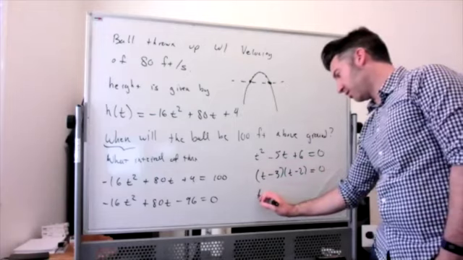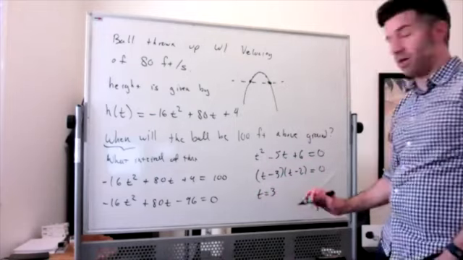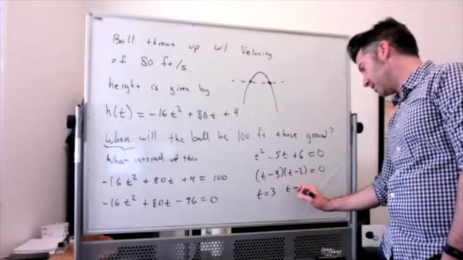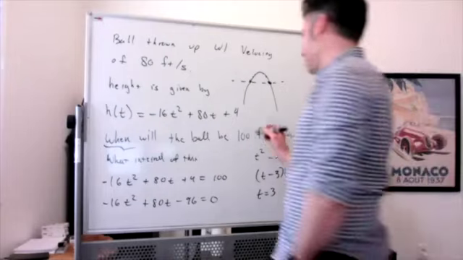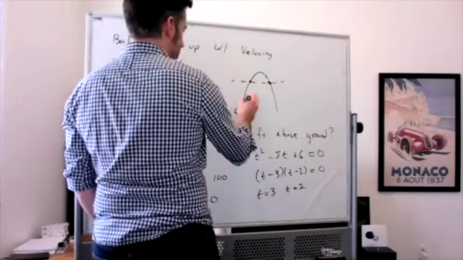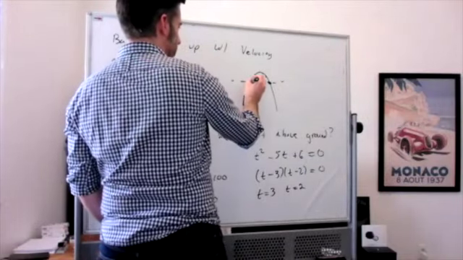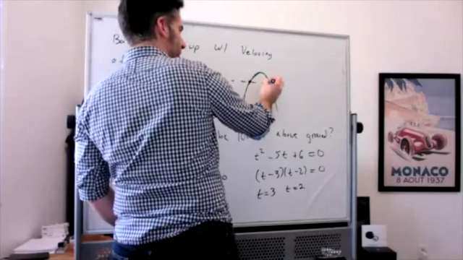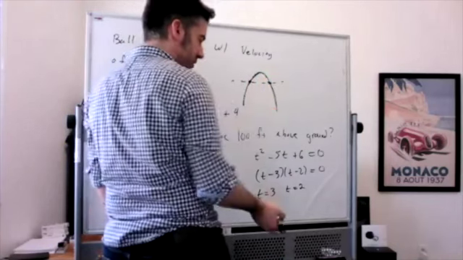So I end up getting that it has a height of 100 at 3 seconds and at 2 seconds. So it looks like you start here at time 0, and when you get to 2 seconds, you hit 100 feet, and then between 2 seconds and 3 seconds, you're above 100 feet, and then you're back to being below 100 feet.